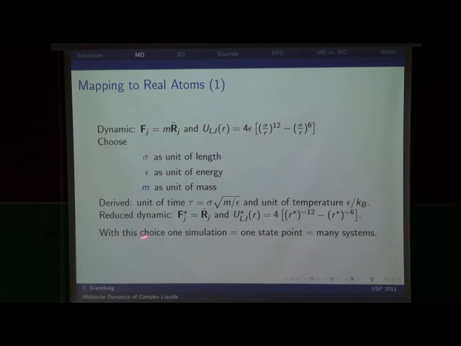And with this choice, we can do one simulation of this potential, which represents one state point, but it can represent many atoms, depending on what numbers we pick for sigma, epsilon, and mass when we have a particular atom that we want to compare to. So we can do one simulation and represent many atoms.